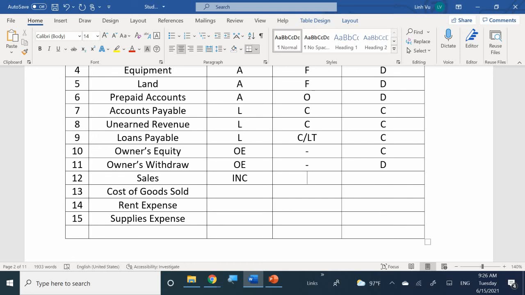Because in this case, what is my main core of operations? What kind of business activity am I looking at? A merchandising activity. So what is my main core of operations? Sales. Main core of operations means where the majority of my income is generated. How am I making money? By selling a product. So in this case, it could be operating, or it could be specified as sales.